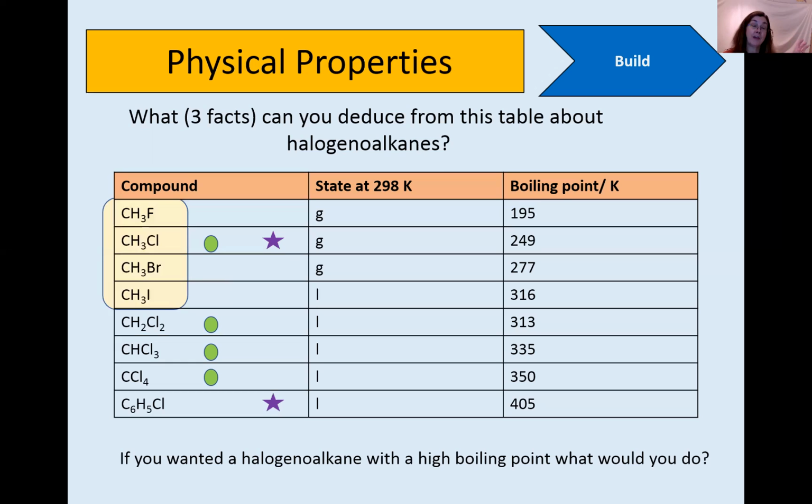So we've gone from a methane group to a benzene group, which is a much bigger group. So an increase in the mass of the group will increase the boiling point as well. So you need to make sure that you write that down in your notes so that you understand that, because again, these are questions that will be asked, and when you're using this later in the course, then you'll understand.